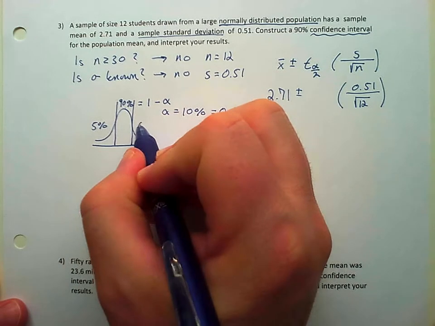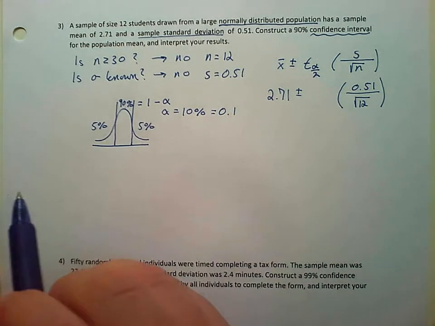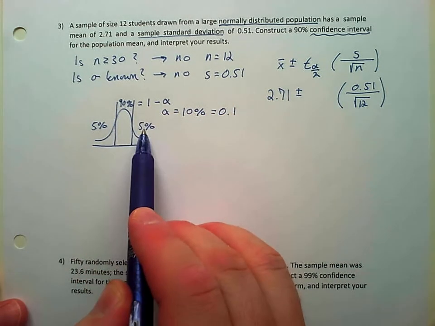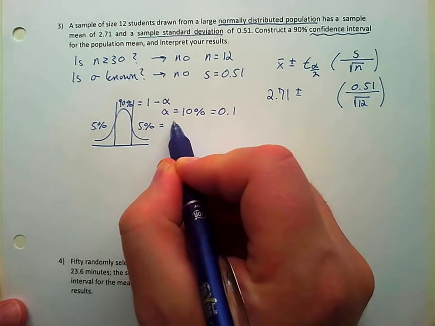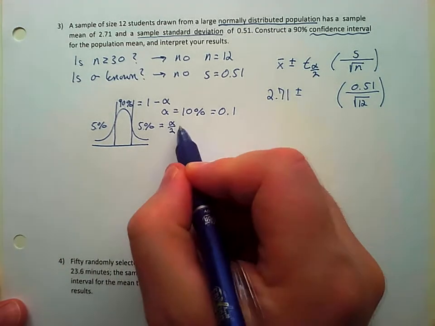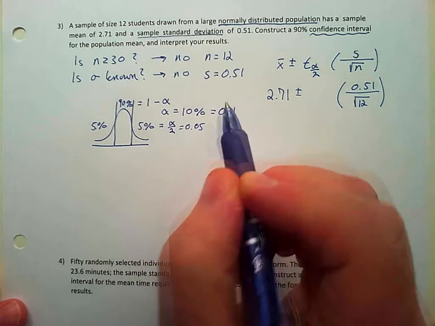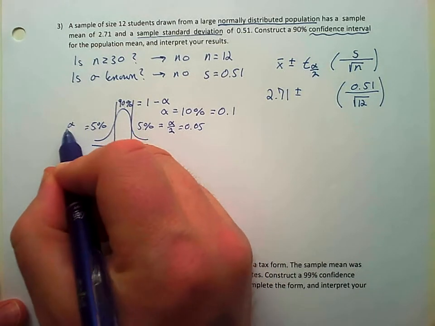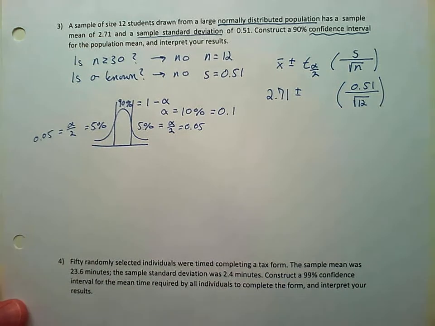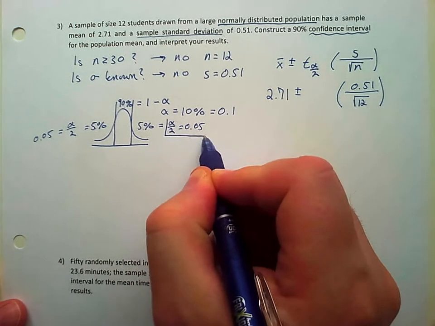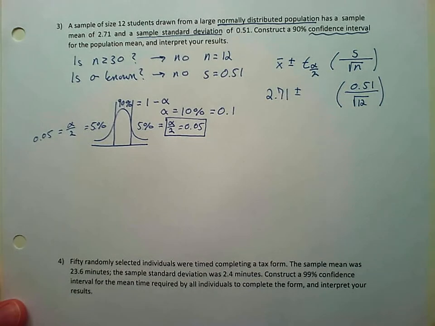Since here we have 5% and here we have 5%, since it's a symmetric distribution that has to equal 100%, we can see that here 5% is the same thing as half of alpha, or 0.05. Same thing over here, we have alpha divided by 2, which is just the same thing as 0.05. So therefore now we know that our alpha divided by 2 as a decimal is 0.05.